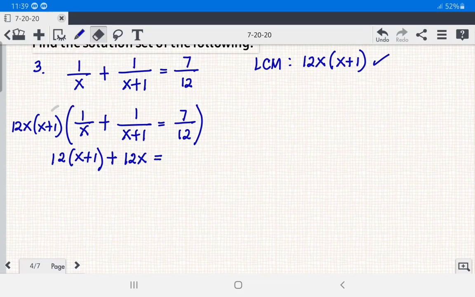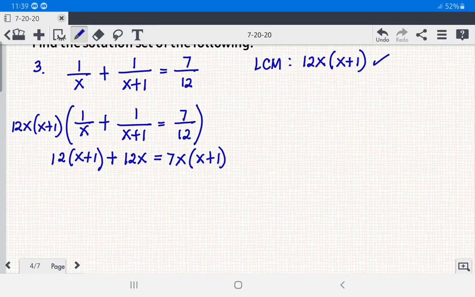Then plus 12x times x plus 1 times 7 over 12. We can cancel 12, then we have only 7, x, and x plus 1. So let us multiply 7 times x, that is 7x, times x plus 1.